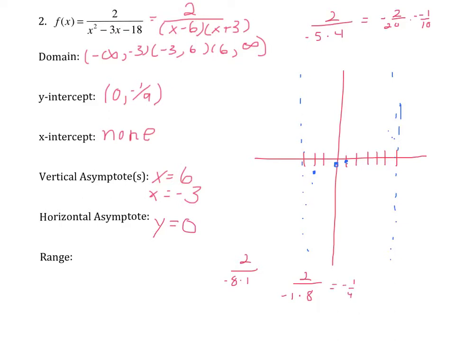So actually it looks like we have a parabola-looking thing. It looks like we have a parabola in the middle going like that. A very flat parabola. Okay, so now on my sides, oh, I forgot to graph my horizontal asymptote at 0.